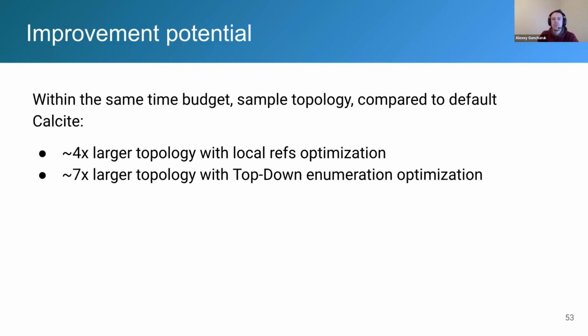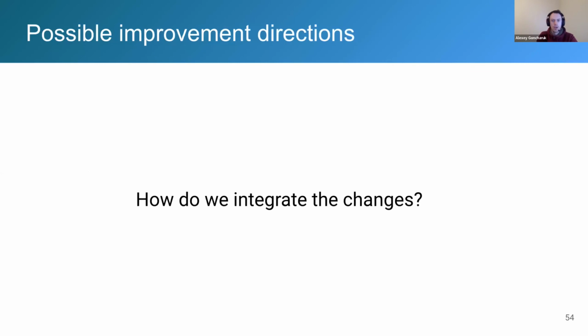And if we do implement this top-down enumeration, the number of join relations that you can optimize is increased 7x, which actually can push the cost-based and not heuristic exploration to quite a large number of practical joins.